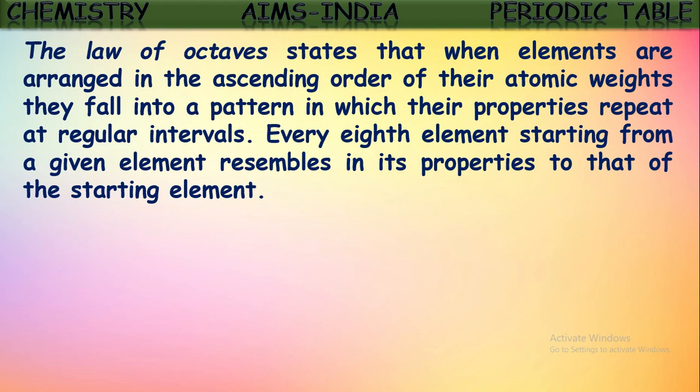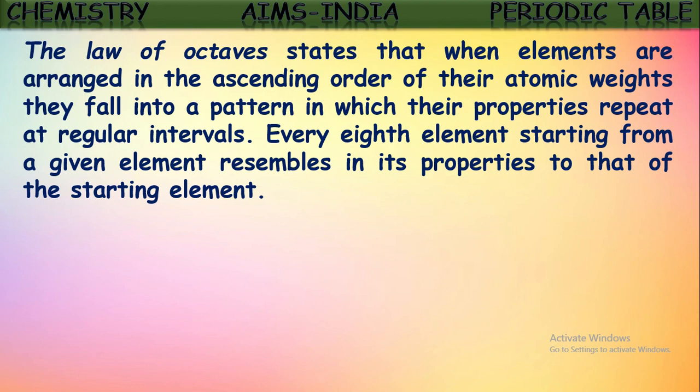The law of octaves states that when elements are arranged in the ascending order of their atomic weights, they fall into a pattern in which their properties repeat at regular intervals. Every eighth element starting from a given element resembles the starting element in its properties. So what he did was arrange all the available elements in increasing order of their atomic weights.